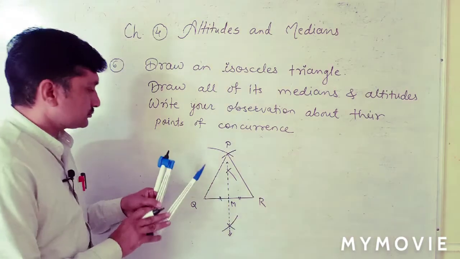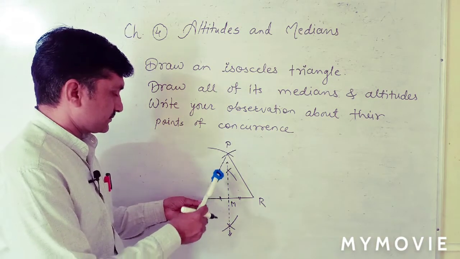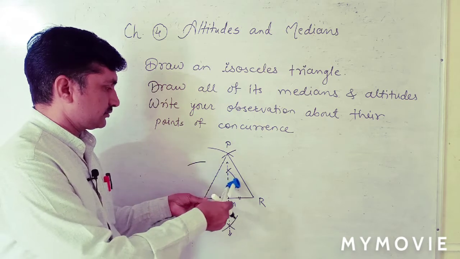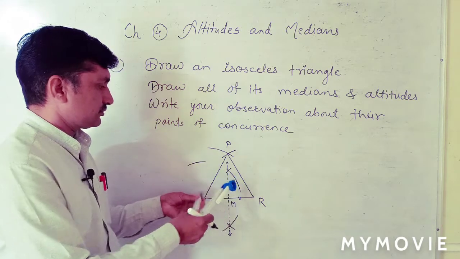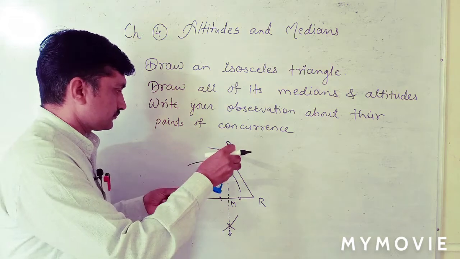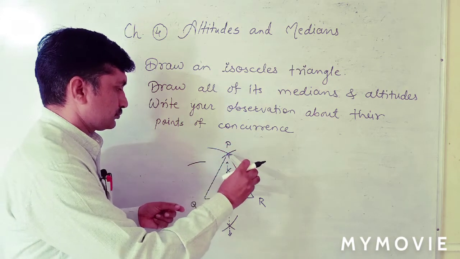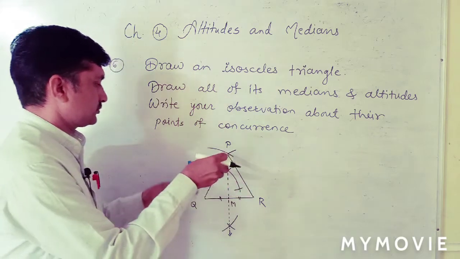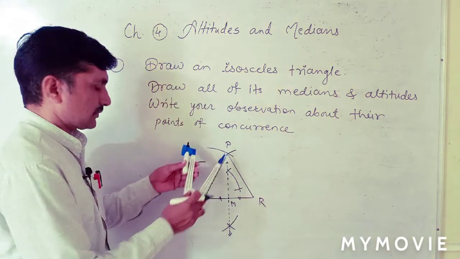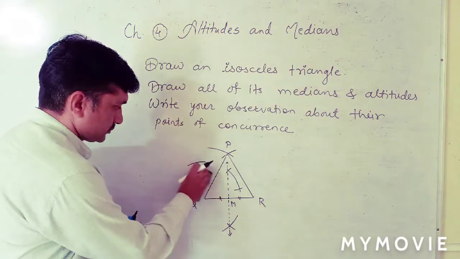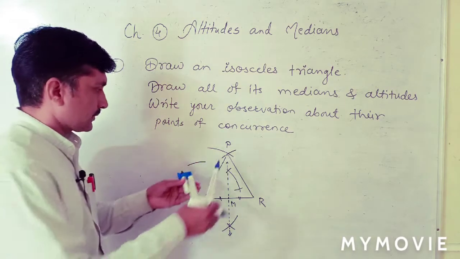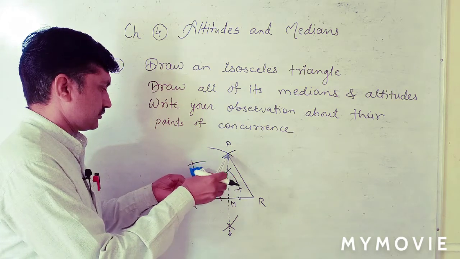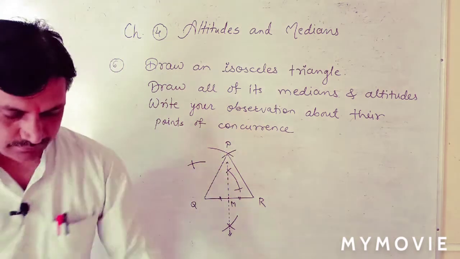To draw the midpoint of PQ, bisect it with more than half, this side one, this side, from P. The intersection point we want here, from P here, join them.